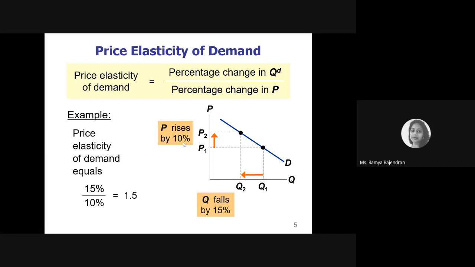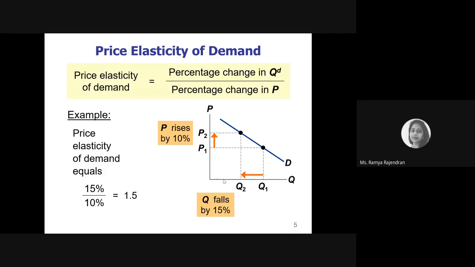Since the price is increasing and the quantity is decreasing, both are moving in opposite directions. So it is actually a negative elasticity of demand, but we will never include a negative sign in front of the elasticity.